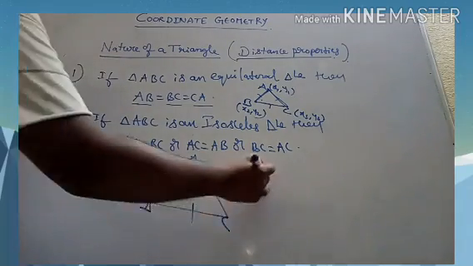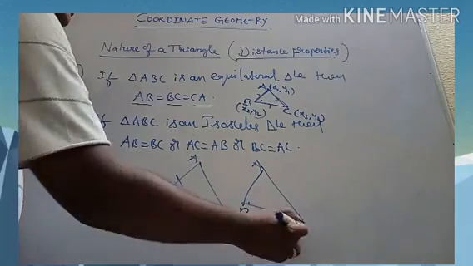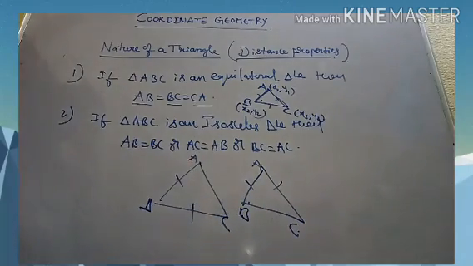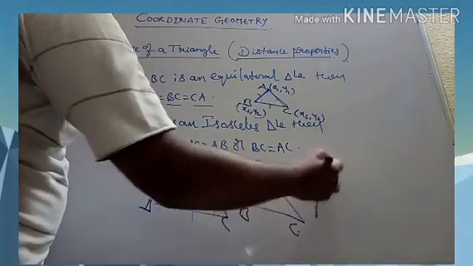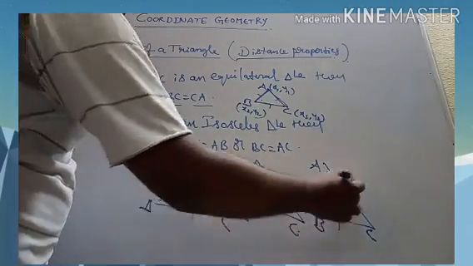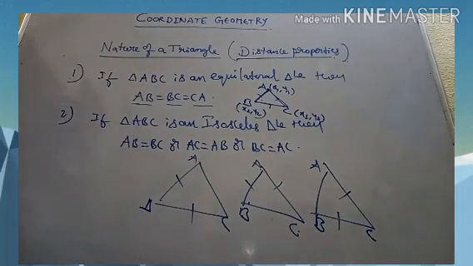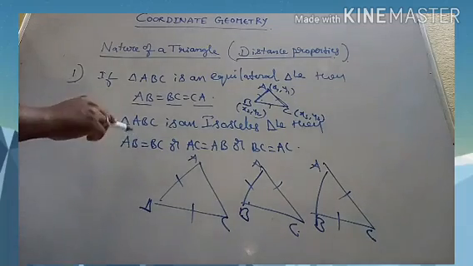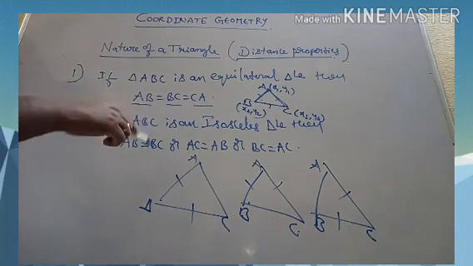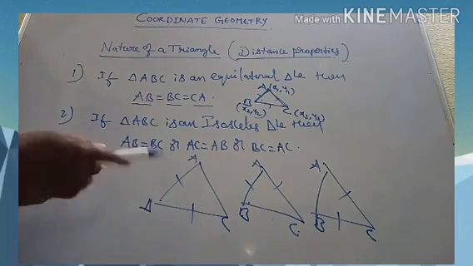In another case, if AB equals AC, this is also an isosceles triangle. Similarly, if BC equals AC, it is an isosceles triangle too. Any one pair of sides being equal, that is AB equals BC, or AC equals AB, or BC equals AC, means it is an isosceles triangle, right?